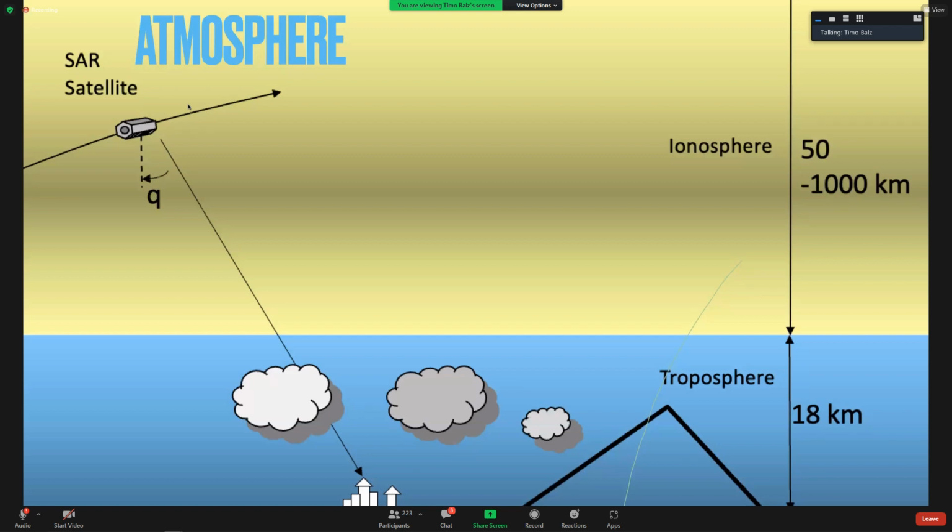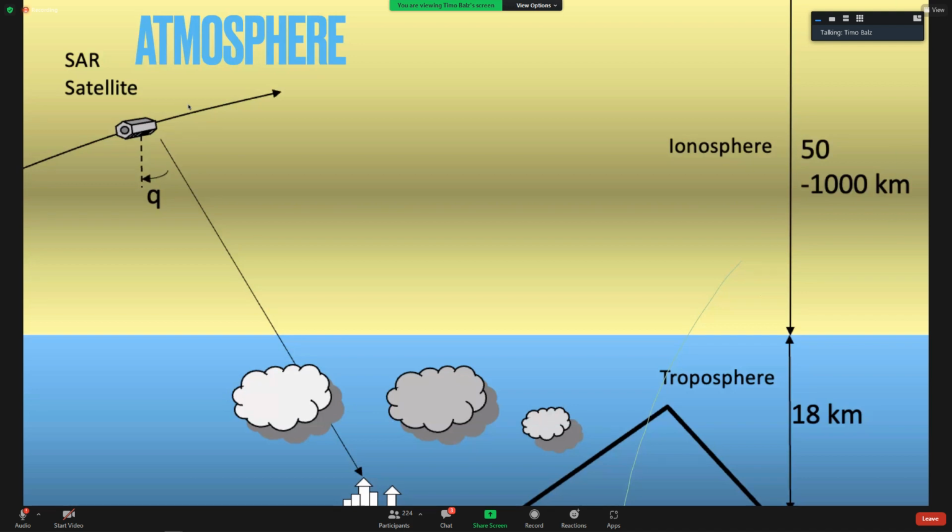Another effect is the atmosphere, clearly. Our signal is traveling through the atmosphere and it is delayed through the ionosphere and the troposphere, not traveling at the speed of light anymore. Now, the main problem in that case is not the delay itself, it is the spatio-temporal difference of the delay. The delay is different depending on the weather situation, and the weather is different in space and in time.